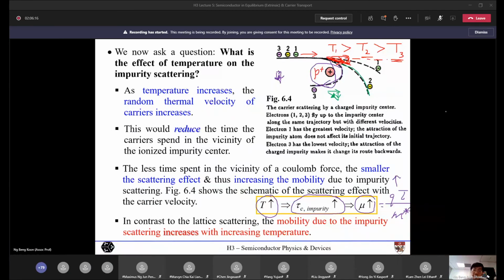So if you have a semiconductor and you can measure how the mobility changes with increasing temperature, you can tell whether the dominant scattering mechanism is due to ionized impurity or lattice scattering. These have opposite effects on the mobility.